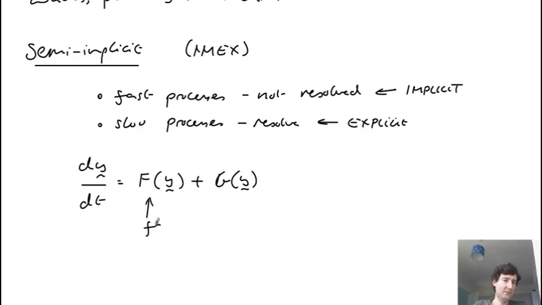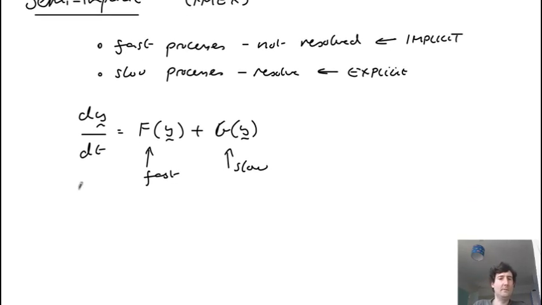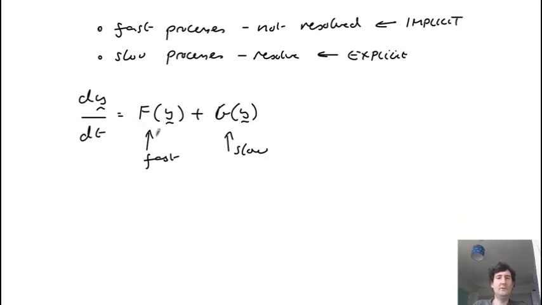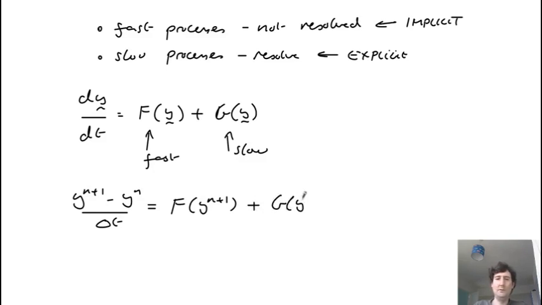Let's say f is the fast one, and g is say slow, and then what you do is you essentially treat this fast one implicitly and the slow one explicitly. So the backwards order you might do this kind of thing, where you have essentially the backwards order method there, and then you have f of y n plus 1, and then here you'd have just g of yn.